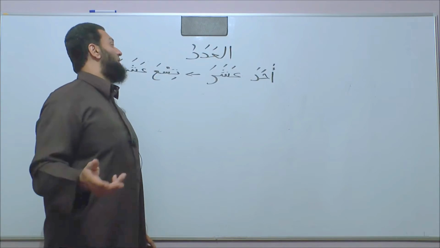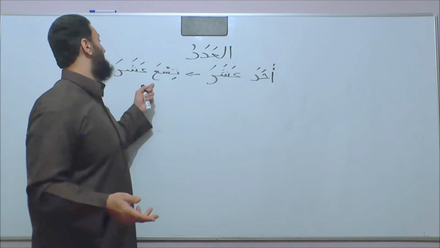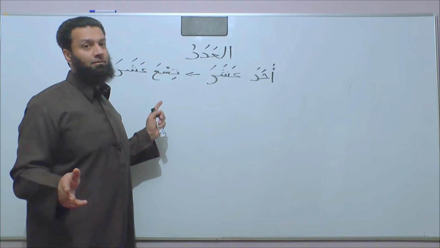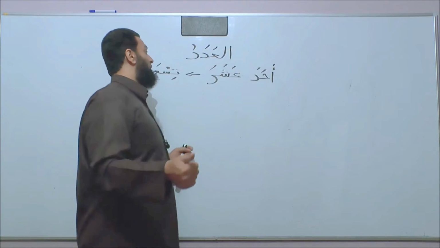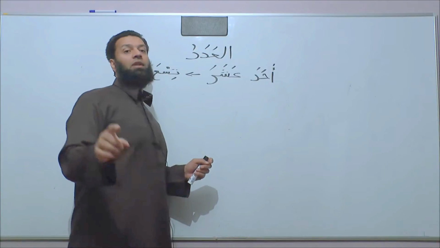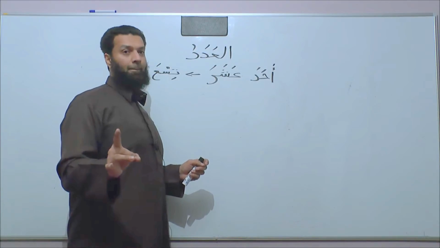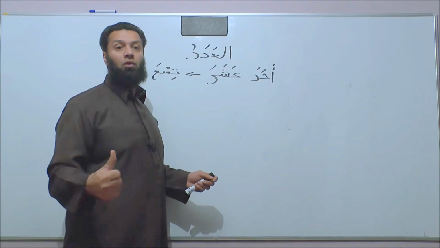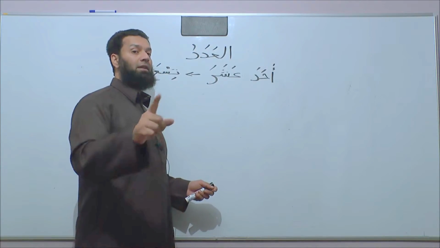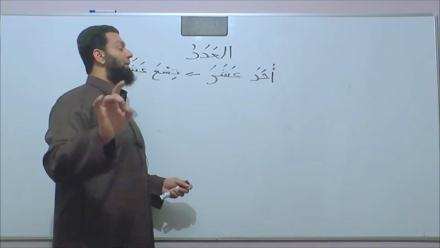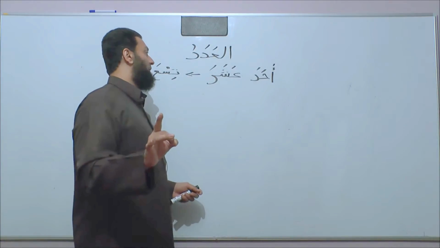So what do we notice about ahada ashara and tis'a ashara? It's not an idafa construct. So it differs therefore with the rulings relating to 3 to 10, because now it's not an idafa construct.